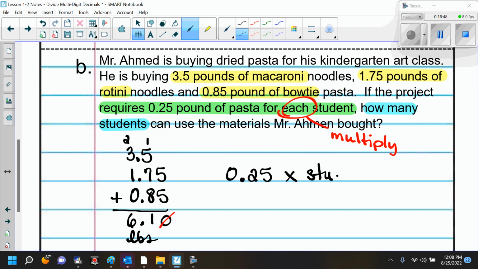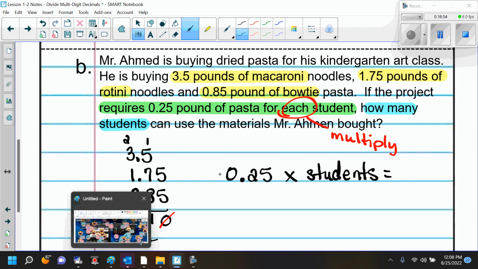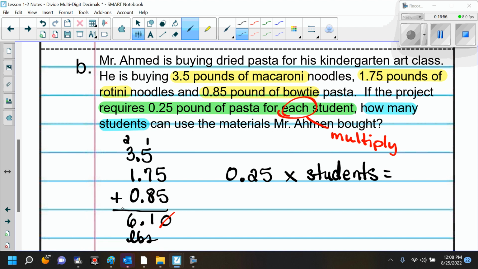And what's that going to give me? That's going to give me the total number of pounds of pasta. So that's going to be 6.1. Okay? What operation am I going to do here to solve this, to get the number of students? Good. Very good. So we are going to divide.